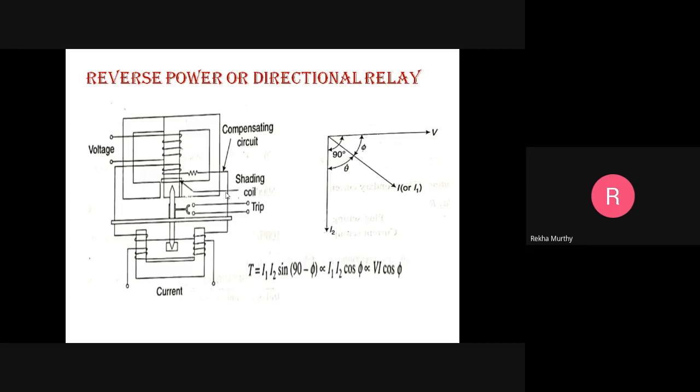So let us go through that type of directional relay. This is an induction type. Here there are two opposite poles, north and south, and here also north and south. Two opposite poles are energized by the voltage coil, and the other two poles are energized by current, which you can observe here.